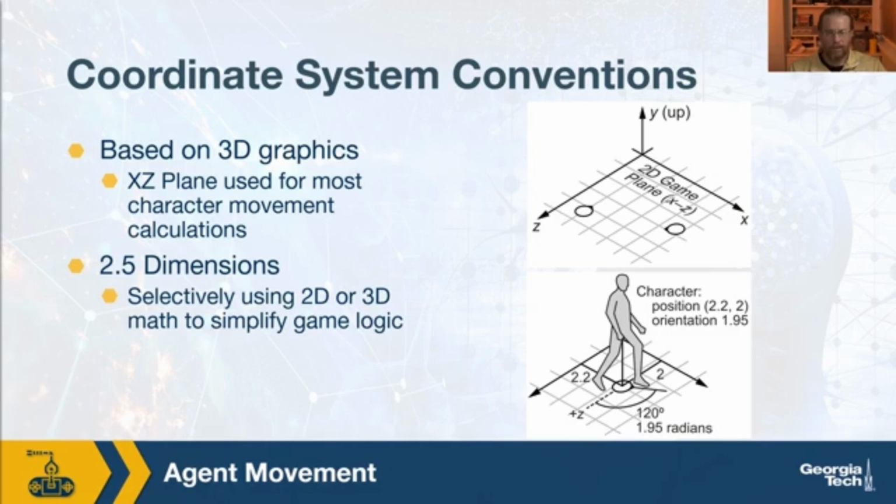So I mentioned before, we have this 2D vector space. We're probably going to be working with the coordinate system of the game engine, and especially the implications of the need for graphics rendering. So in 3D graphics, you tend to have X and Z be the horizontal plane, and then Y is up. So even though we're talking about a 2D coordinate system, it would make sense to have X and Y be our coordinates.